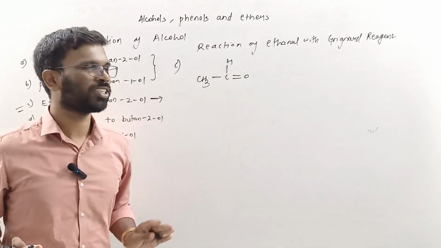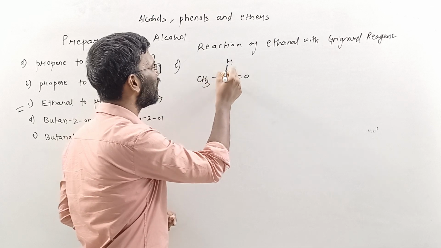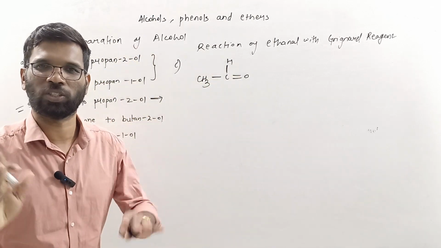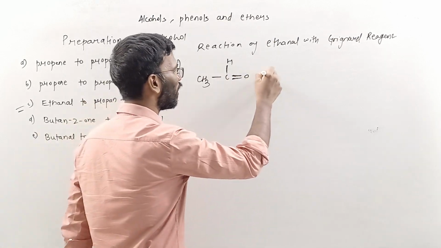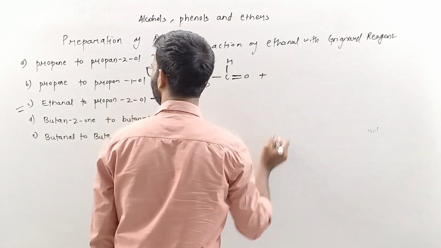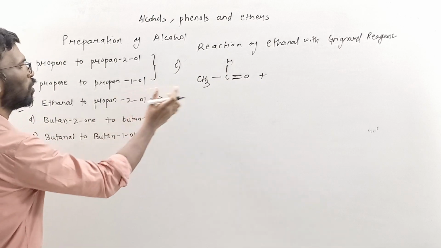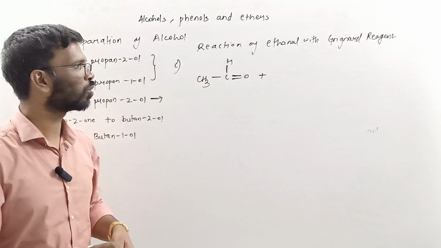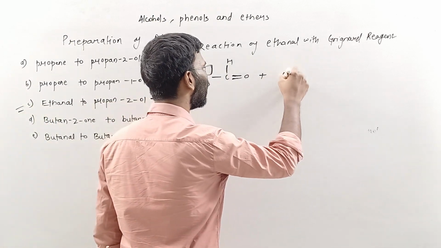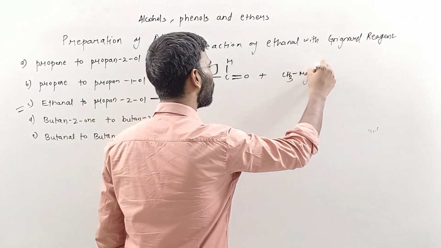I'll give you the trick how to do this. In the whole reaction, this and this bond will remain intact. That is not going to change. You don't have to change that. Only the reaction will happen over here. Right? Grignard reagent is what we want. Propan-2-ol means already there are 2 carbons in the system. I want 1 more carbon. So I will take methyl magnesium bromide.